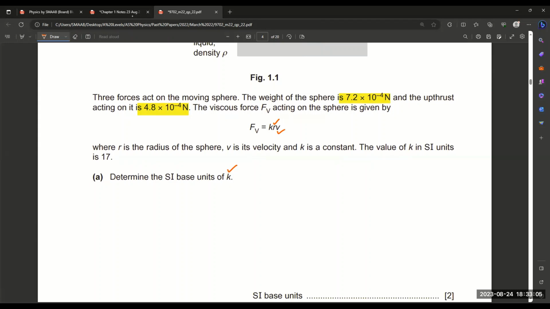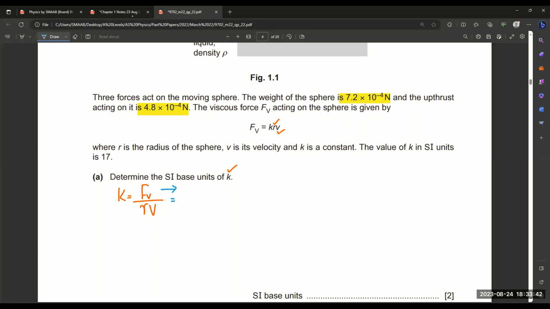So K is a constant. First of all, we arrange the equation like this: K is equal to F viscous force divided by RV. Now the question is very simple. F is the force, and force is in newtons. If we split the newton, it is further split into kg meter per second square.